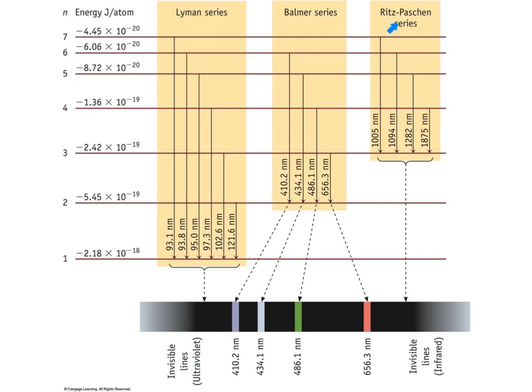Likewise, we have the Ritz-Paschen series, which are transitions from 7, 6, 5, and 4 down to 3. But again, we're not able to see those as the wavelengths emitted are in the infrared. So the Balmer series is the only transitions that give us visible light.